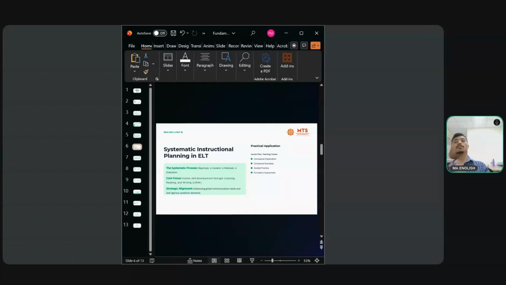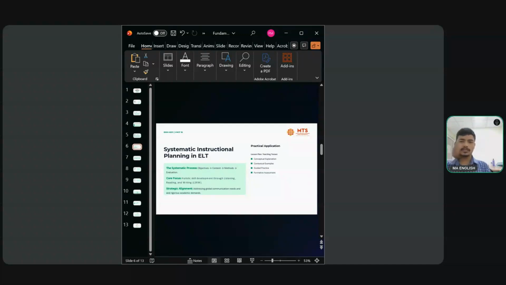For example, a lesson on teaching tenses might begin with the teacher speaking and students listening, then move to reading example sentences, and finally require students to write their own sentences. So this is the thing.